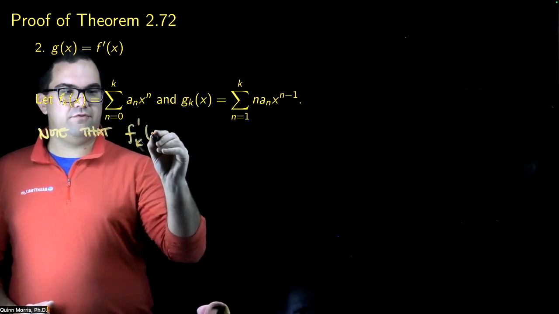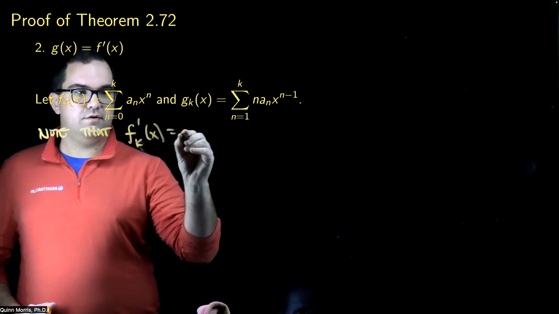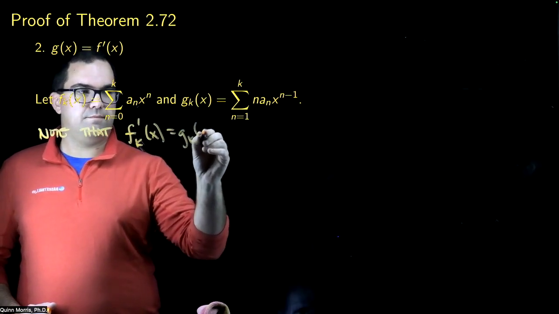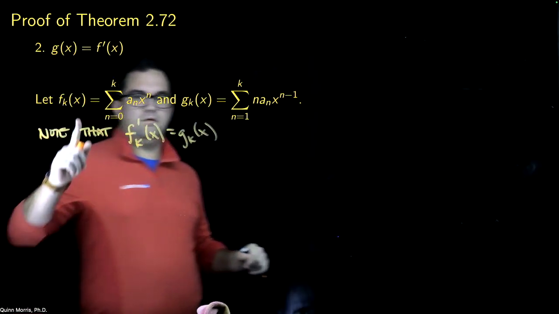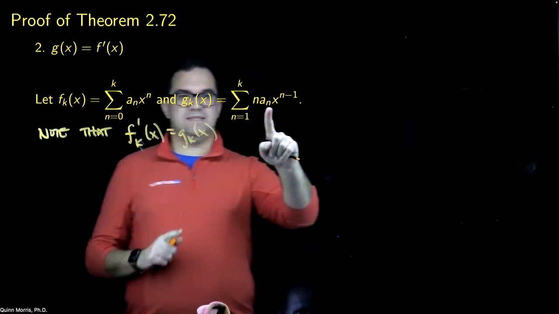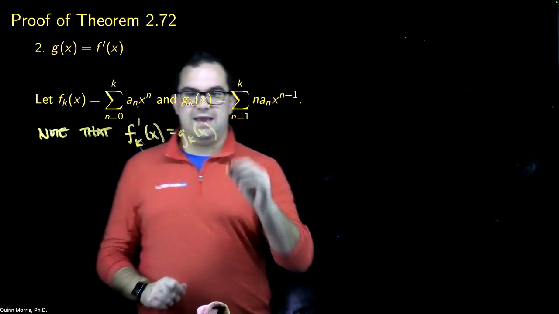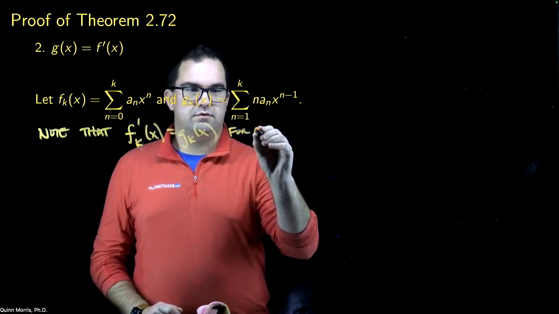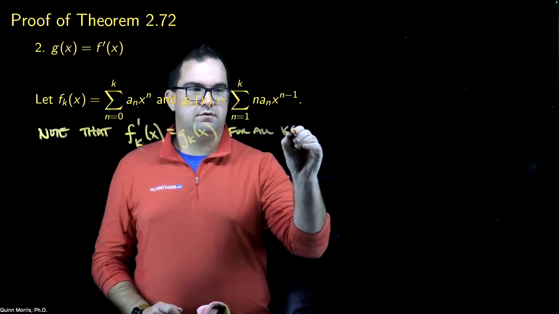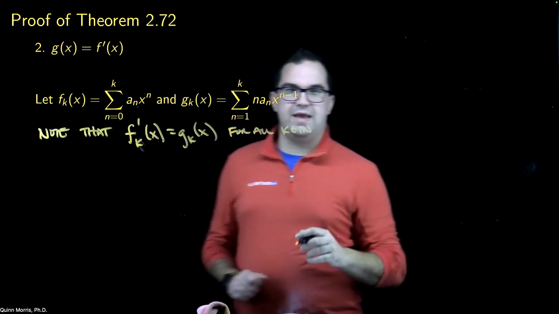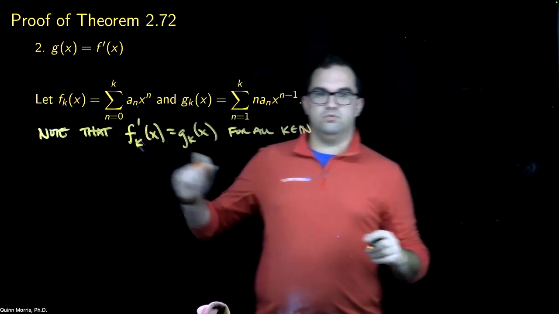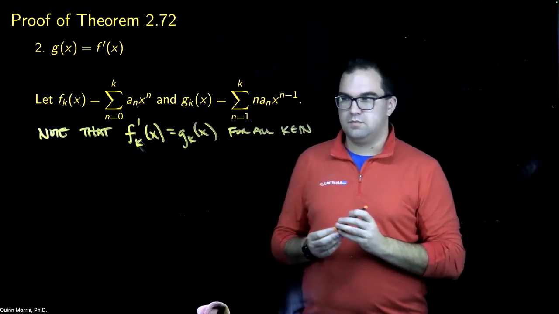So the derivative of this is always this, for any fixed value of k. So for every natural number k, this holds, okay?